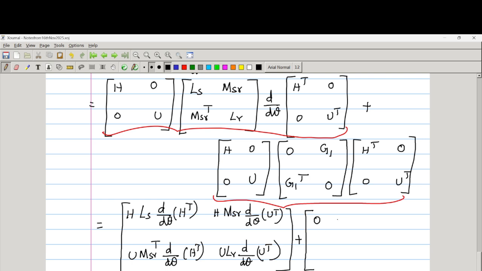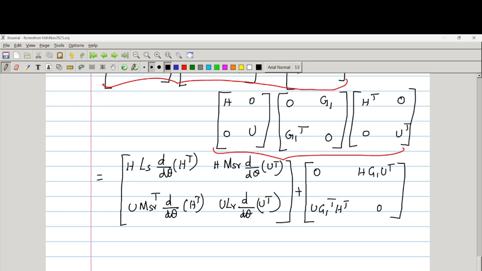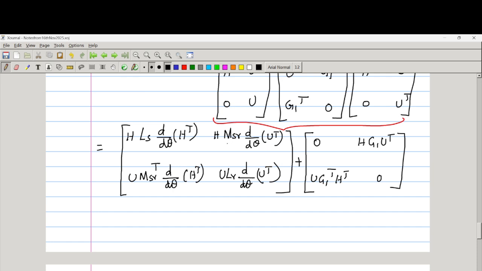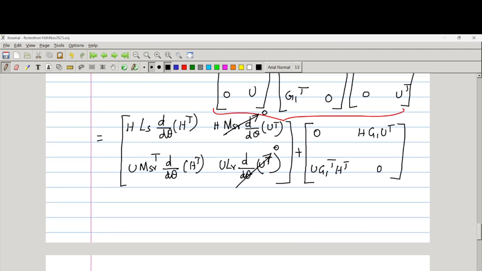So similarly we will get here 0, then H G1 U transpose, then U G1 transpose into H transpose, 0. So I already told you that the U matrix is nothing but the unit matrix. So when we do this, automatically the differentiation of the unit matrix, this term will be 0. Similarly, this term will be 0. So we will end up with this equation as G.